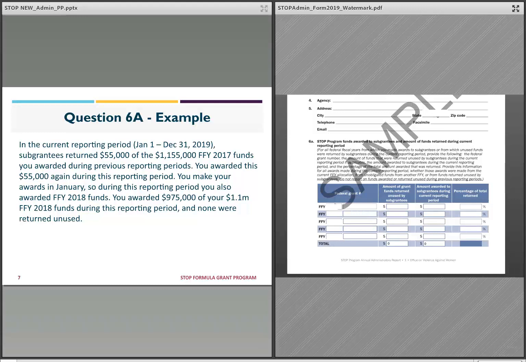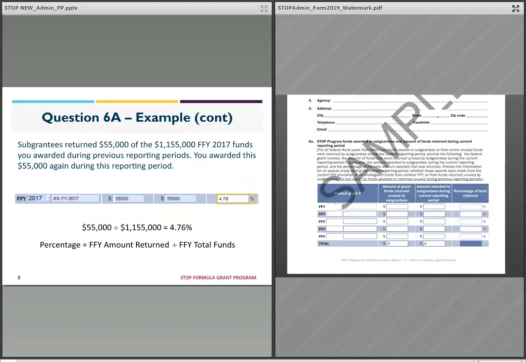You make your awards in January, so you also awarded federal fiscal year 2018 funds during this reporting period. You awarded $975,000 of your $1.1 million federal fiscal year 2018 funds during this reporting period, and none were returned unused. Now I will show you what that would look like reported.